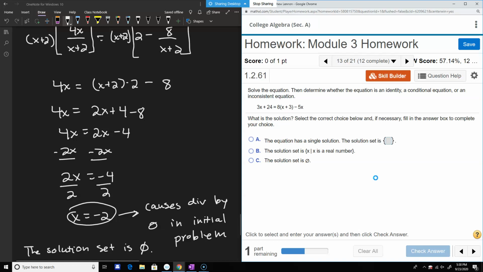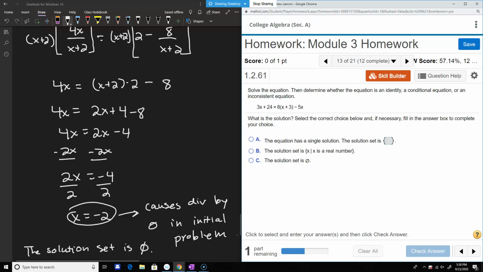You might have a scenario where you're trying to set parallel lines equal to each other, and those would never have any intersection point. Or if you end up with something that's obviously true all the time, like say x plus 1 equals x plus 1, you could plug in any number for x and that equation is always going to be true. That's when you get option B. The solution set is any real number.